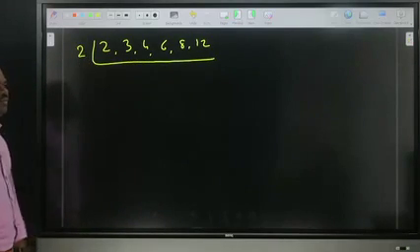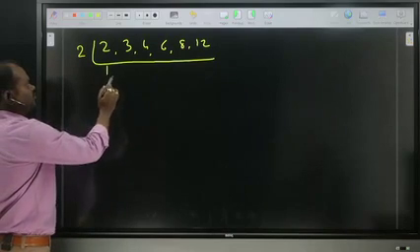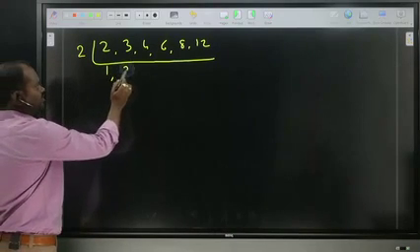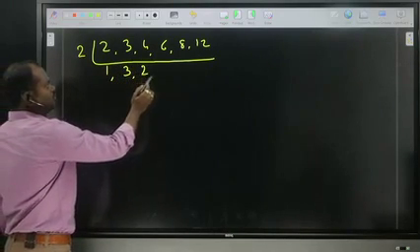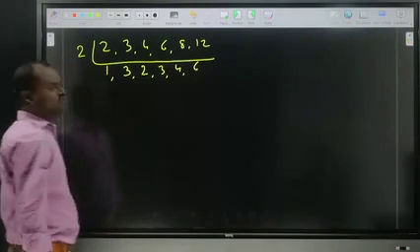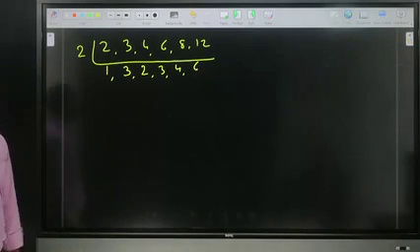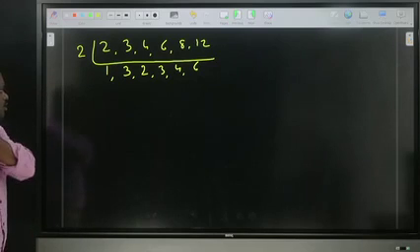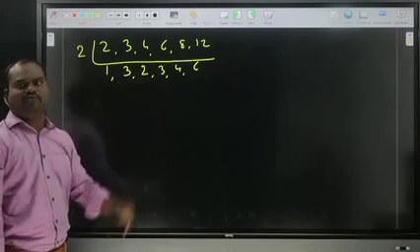Now, in the 2 table: 2 ones are 2, 3 we can't get, so 3 as it is; 2 twos are 4, 2 threes are 6.